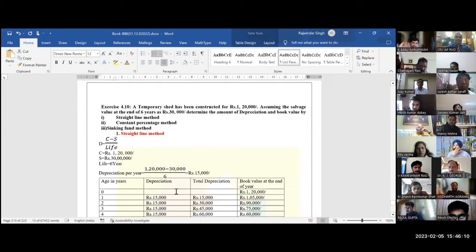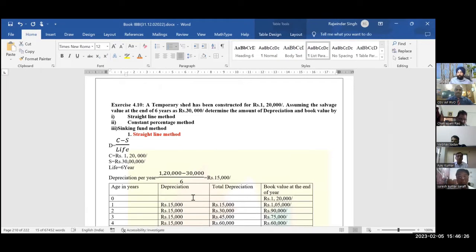See this, we will take one example in which we will calculate depreciation using all the three methods. This is very important, not from an examination point of view, but for understanding. This numerical is very good. It will explain you everything about the three methods.